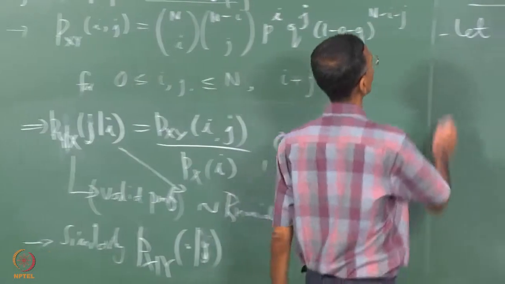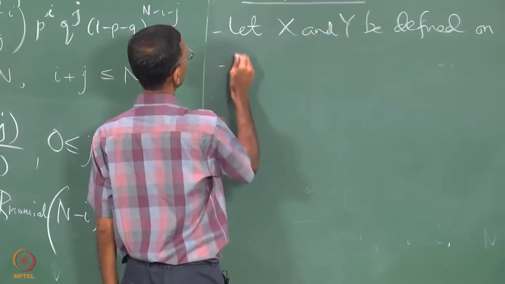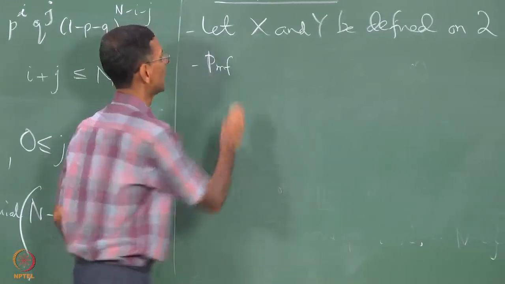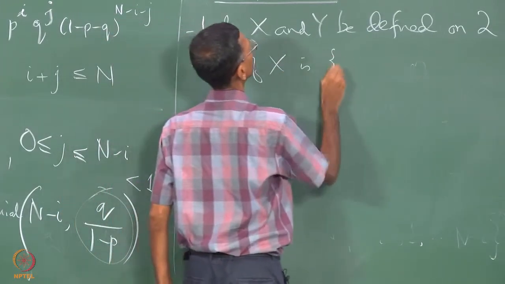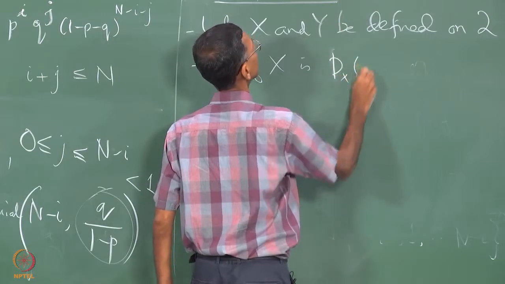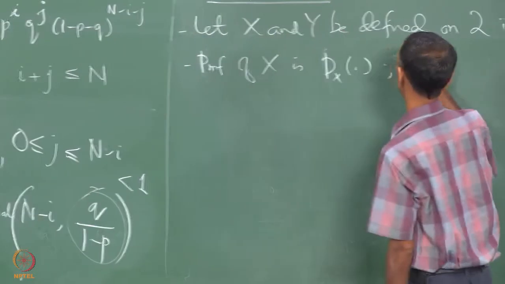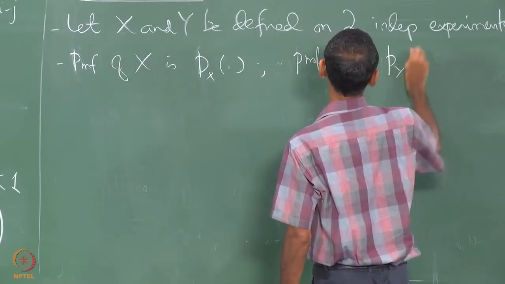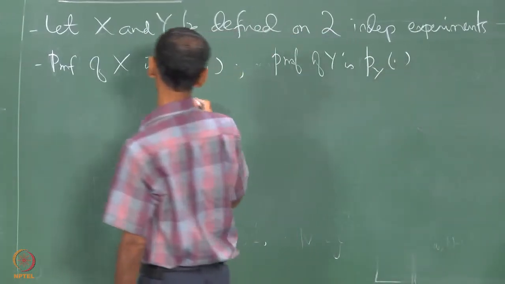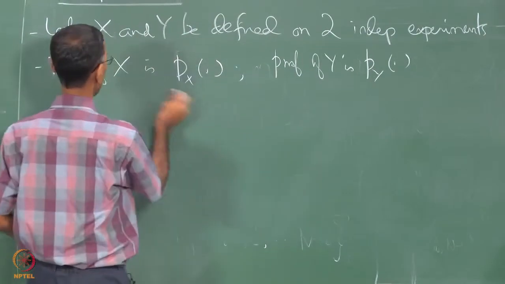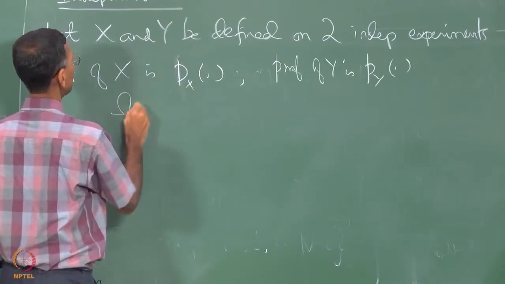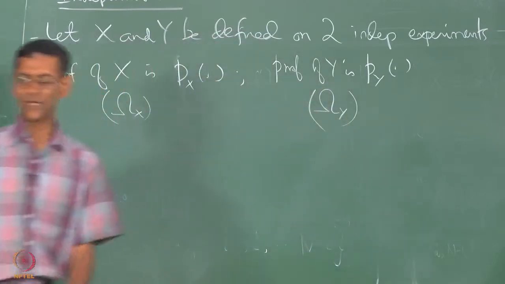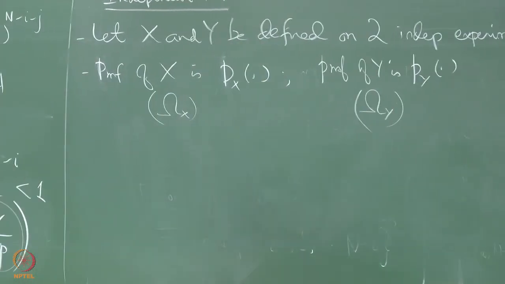So we have the PMF of X, this individual PMF is Px, and for Y it is Py. Even though I put dots here, of course I have omega X and omega Y, the set of values that X can vary over and Y can vary over.